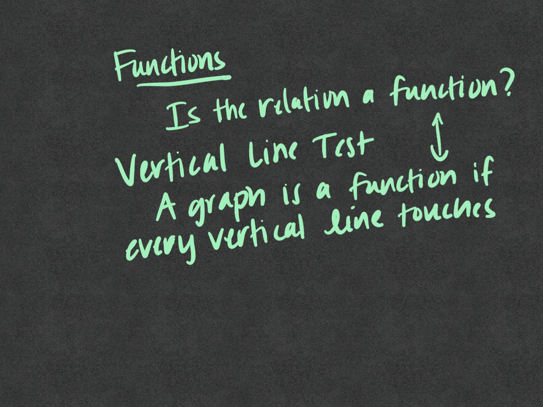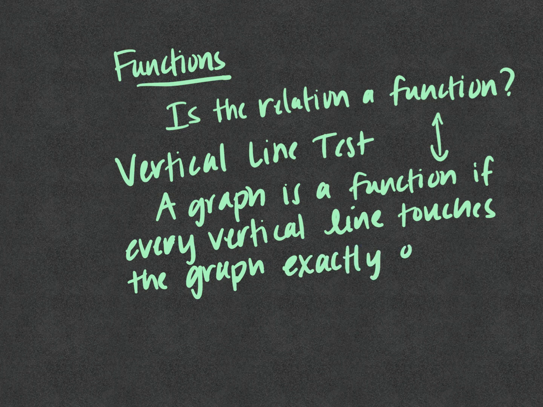Lots of times I like to say touches the graph at most once, because it doesn't have to touch the graph at all, but if it's going to touch the graph, it touches exactly once. So let's look at what this looks like.